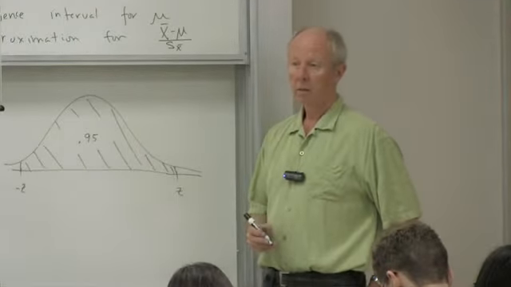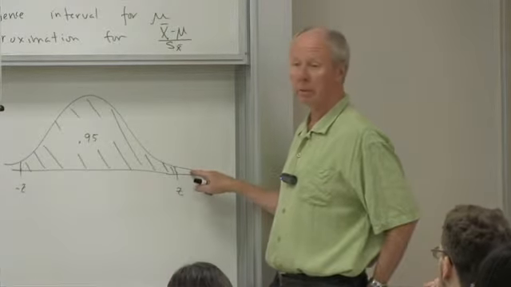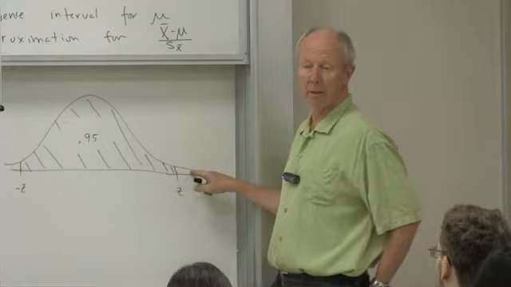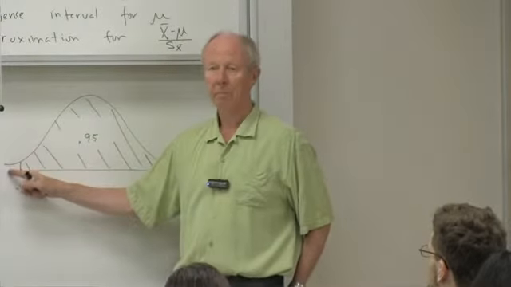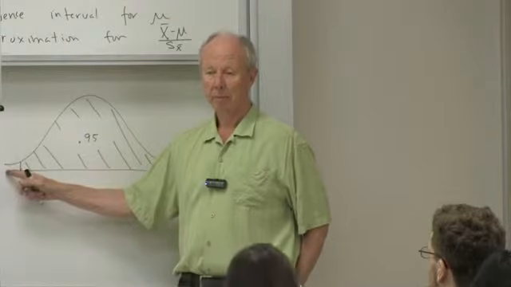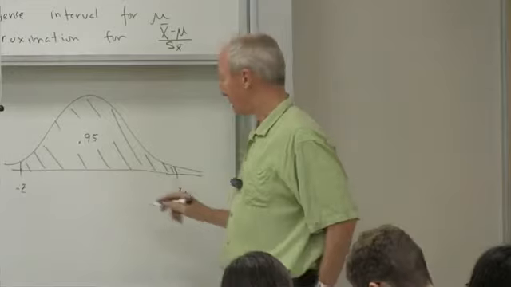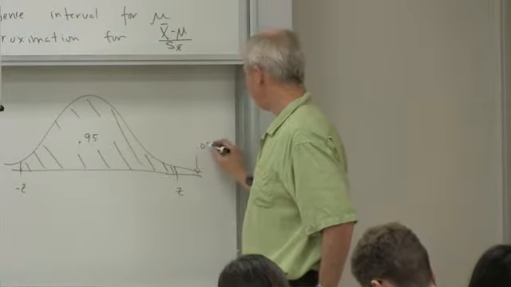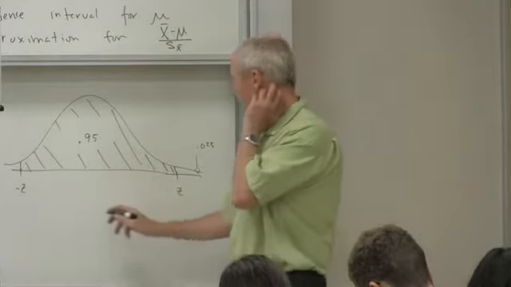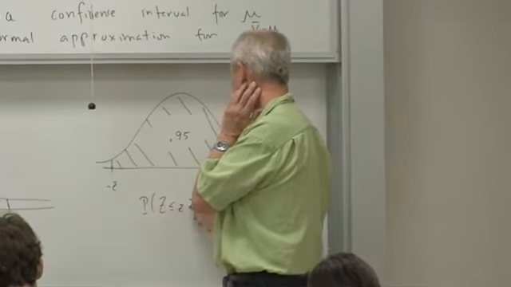Okay, so if this area is 0.95, what's this area over here? 0.025, because this area plus this area must add up to 0.05, and they are the same. So this area over here is 0.025.